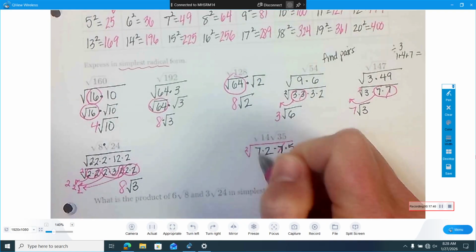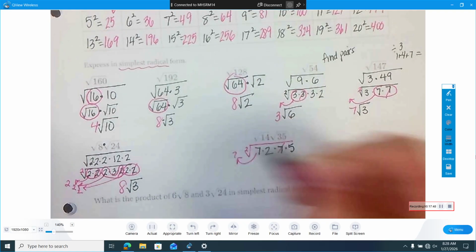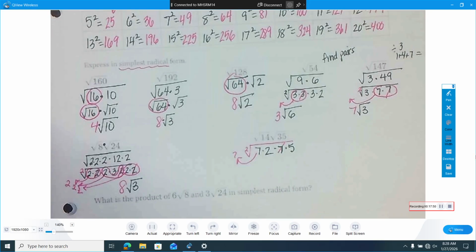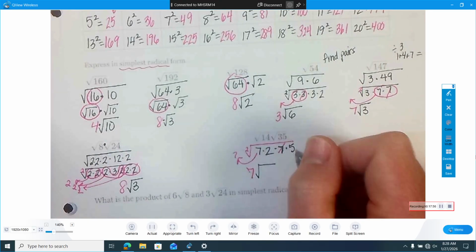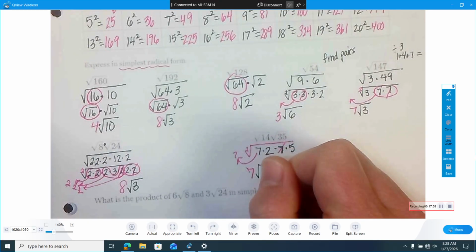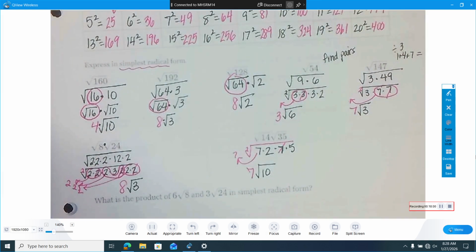Yeah, we got a pair of 7. So 1 gets killed and 1 escapes. So we get a 7 on the outside, and then what stays on the inside? 2 and 5. The 2 times 5 is 10. So we're done. Okay. Personally, I like prime factorization. I just think it's easy.